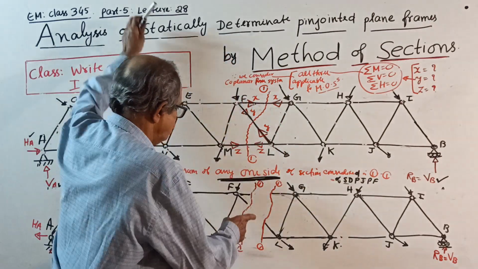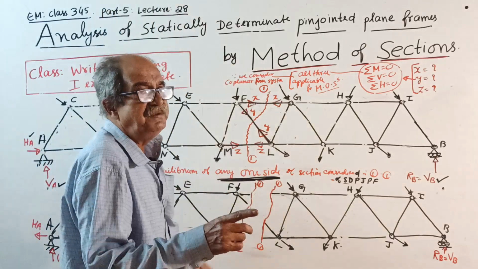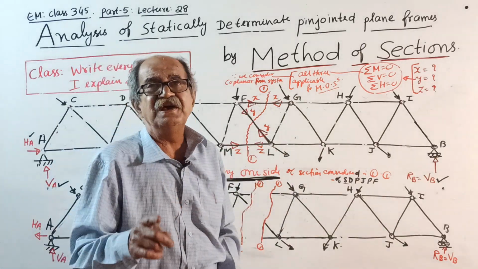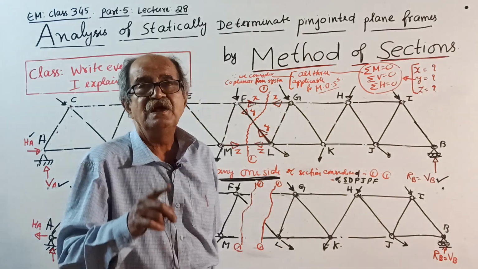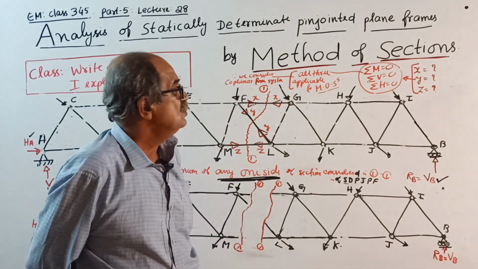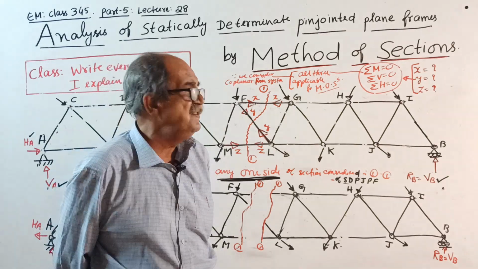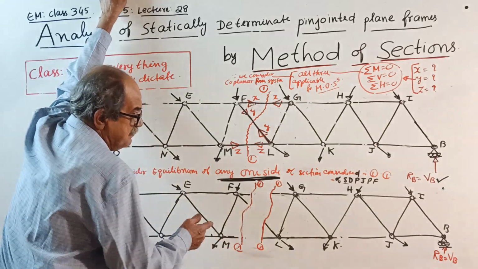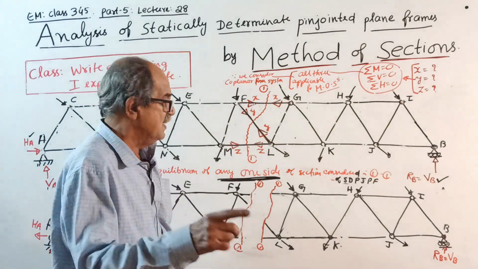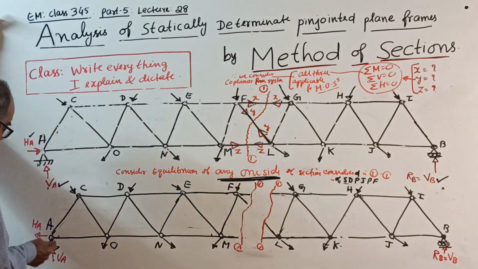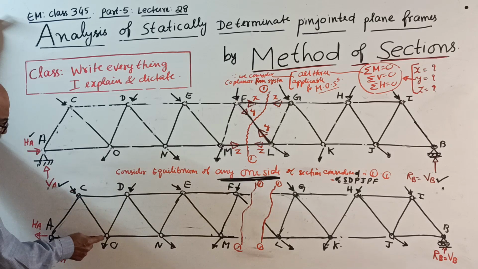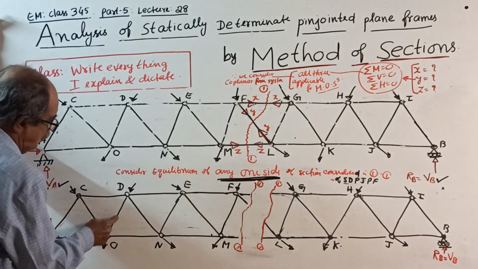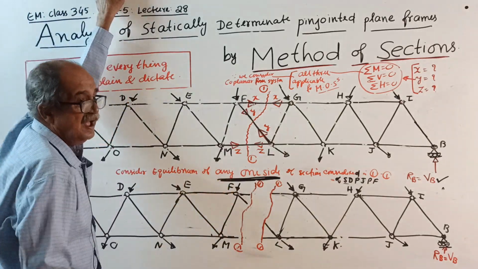Okay, now this much over. Now what I am dictating you write, and then I am closing the class, because the systematic procedure I will give you next time. Today is introduction. See, I am dictating now. Those people who are considering equilibrium of the left of section 1, what they have to do is consider the reactions at A, VA, HA, and all the external forces acting at the joints on this side, at A, C, D, F, and so on.